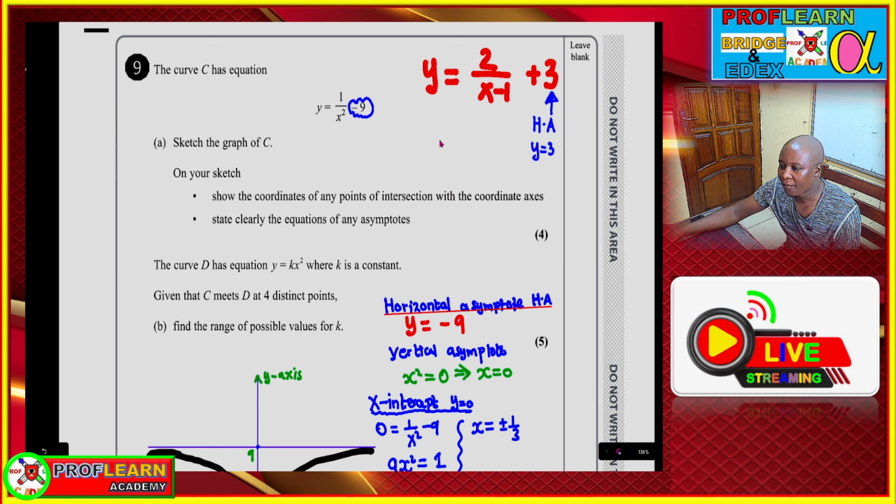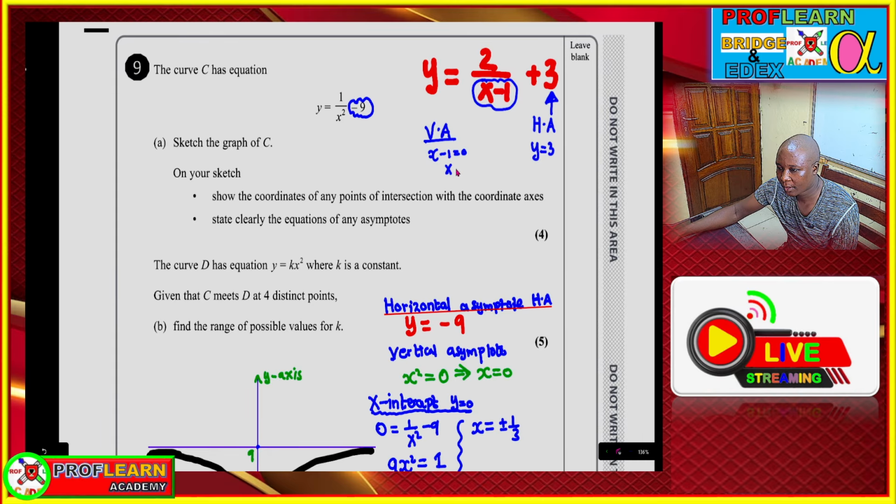And next, another asymptote we need to know is the vertical asymptote. The vertical asymptote is usually obtained from this part equals to 0. You just take that and say x minus 1 is equal to 0.